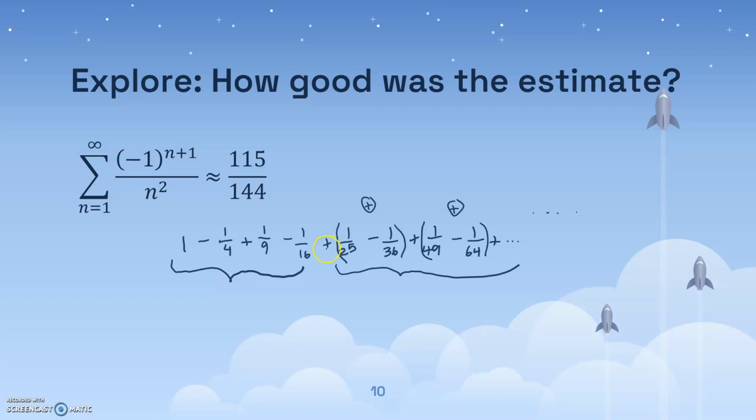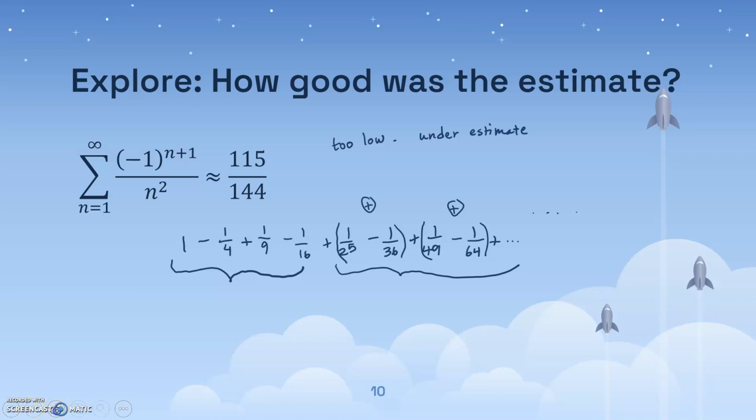So what we know is that we would be adding a bunch of positive values if we had included all of the terms. So our estimate is too low. It's an underestimate, because if we add the rest of the terms, we would get a slightly larger number.